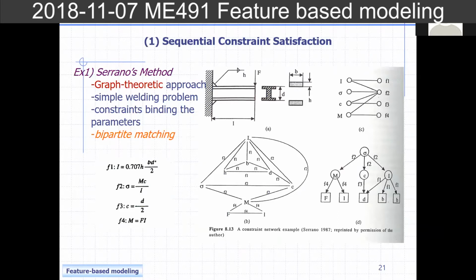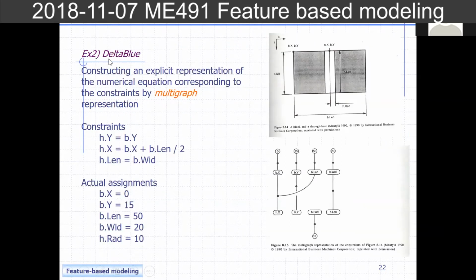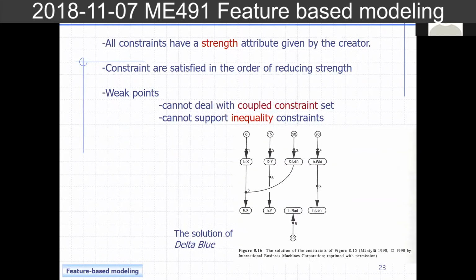All right, and then there is an explanation of what sequential constraint satisfaction is. There is a well-known Serrano's method. They use graph and statistic matching. And there is also the delta blue method, an example as a multigraph. And then it has strength attributes and coupled constraints and inequality.